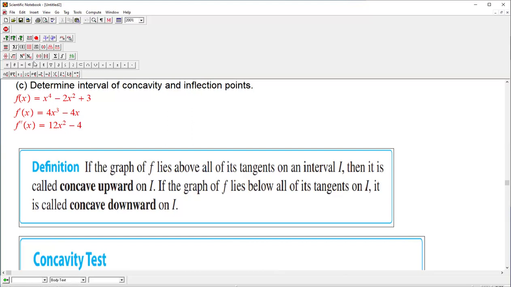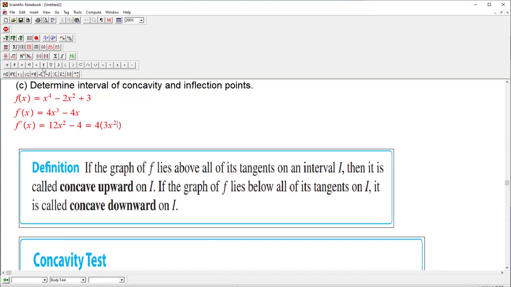If you like to factor, you can factor out 4 and get 3x squared minus 1. Apparently this is a parabola again, so knowing it is a parabola is certainly helpful.